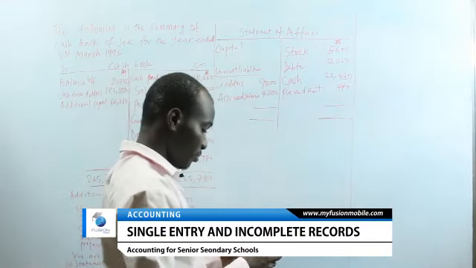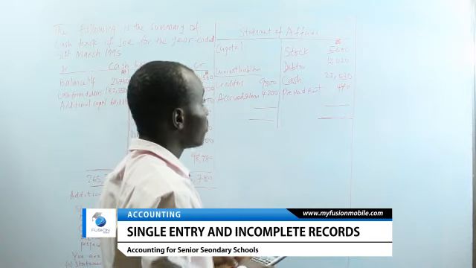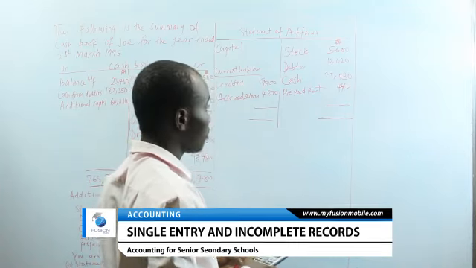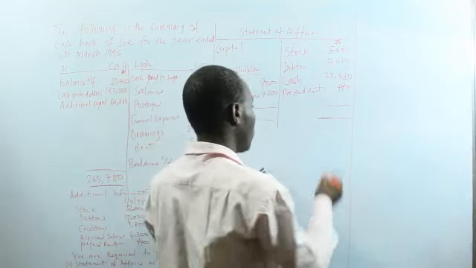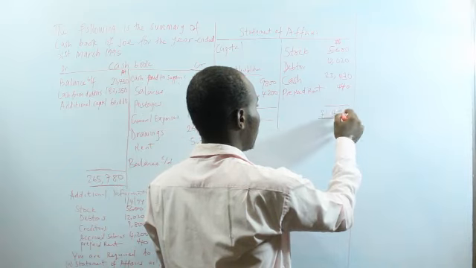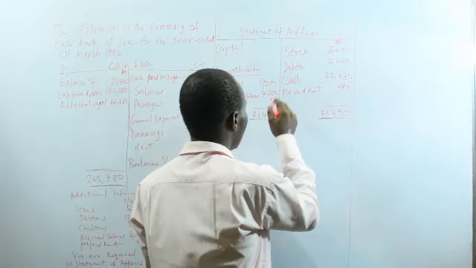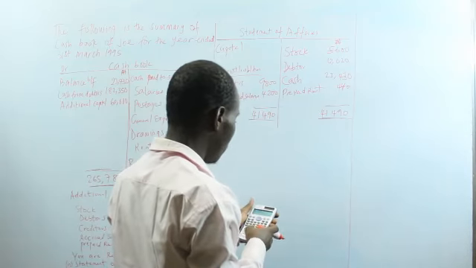So we have 5,600 plus 12,020 plus 23,430, then plus 440, which gives 41,419. Then we less that, minus 14,000.